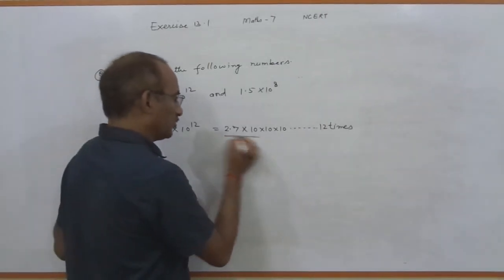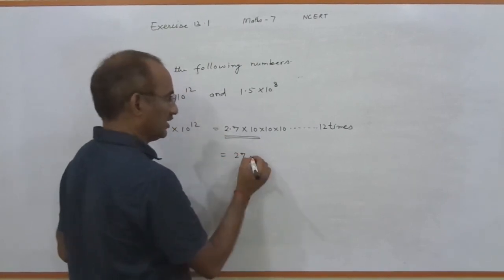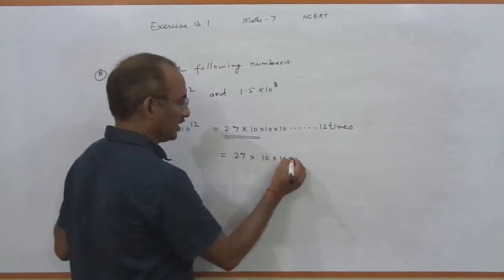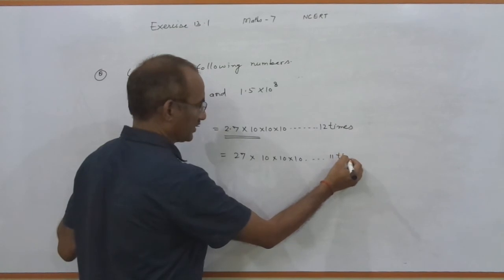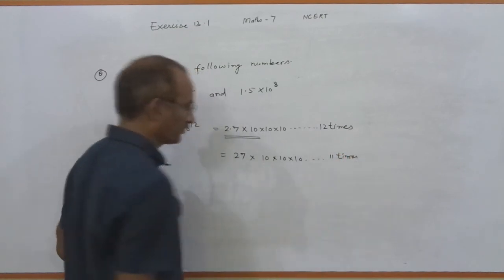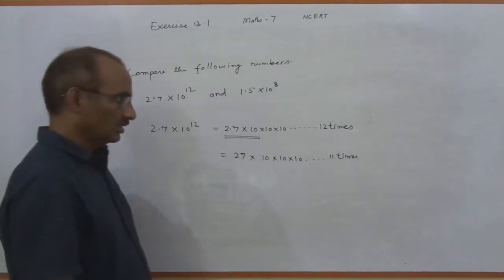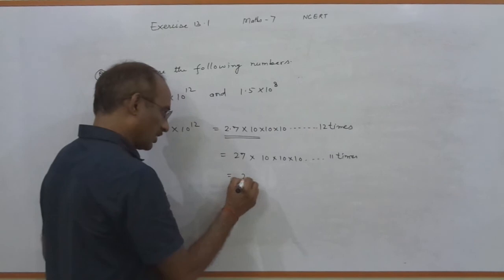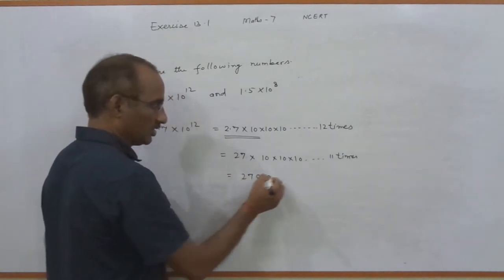If we multiply 2.7 with 10, then we get 27 into 10 into 10 into 10, 11 times. Or it can also be written as 27 and 11 zeros.